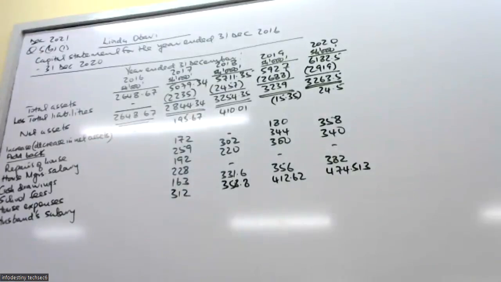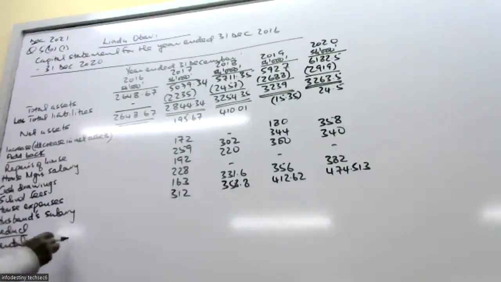Then we deduct. So our deductions, we have non-business income, see note 2, like rental income is non-business.